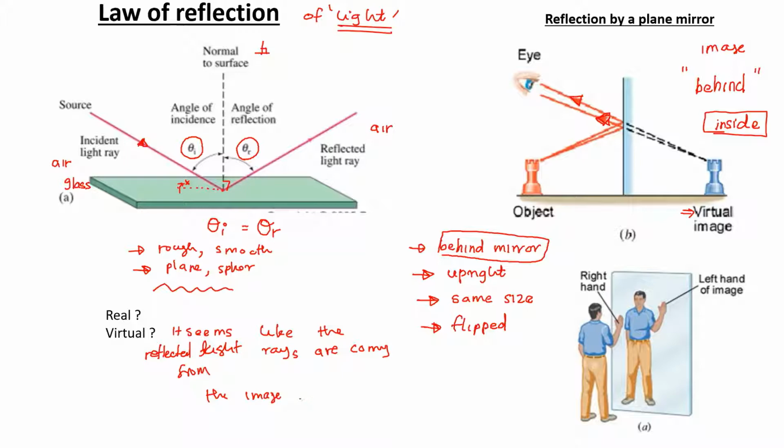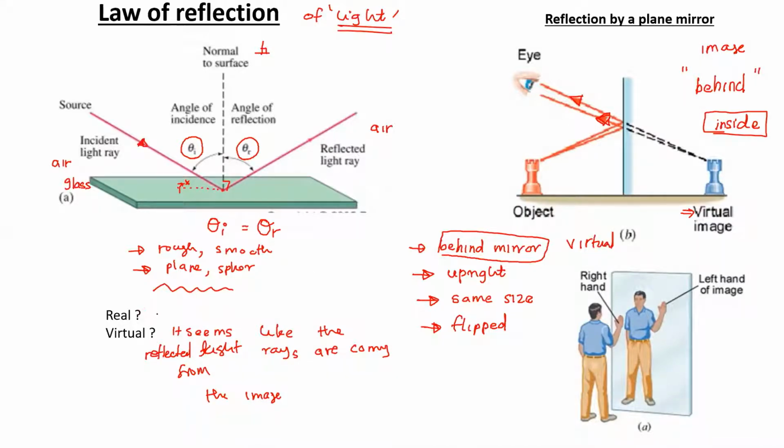But for real, it is not the case, right? For real, these light rays are not intersected here, or they are not really converging at this point and coming towards you. That is why it is called a virtual image.